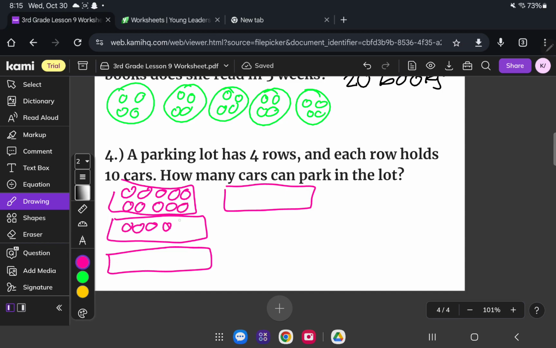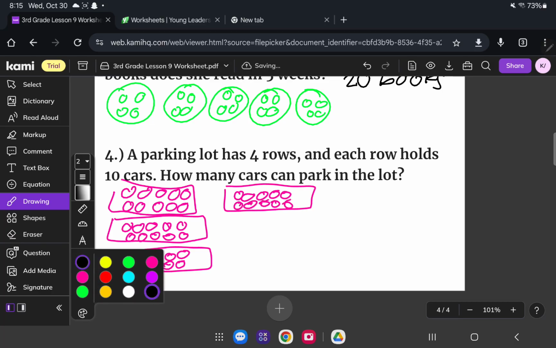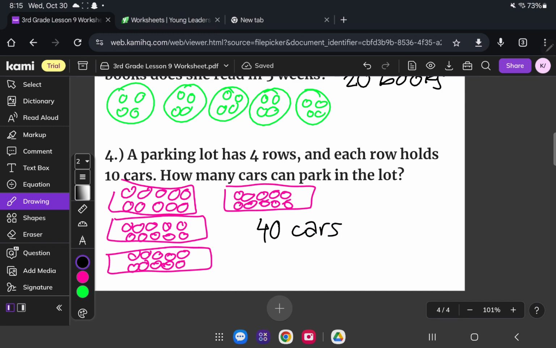And we just fill each box up with 10. All right. And then if we count them all up, we would get 40. So that means 40 cars can park in the lot.